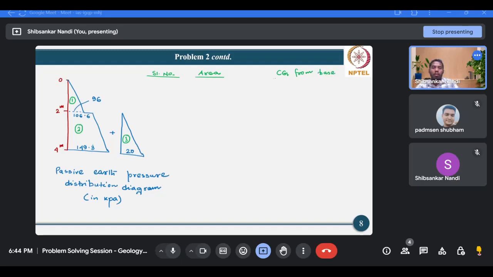Okay, so this will be kilonewton per meter, or rather we can write in this fashion, PPI, and this is the ZI bar in meter.